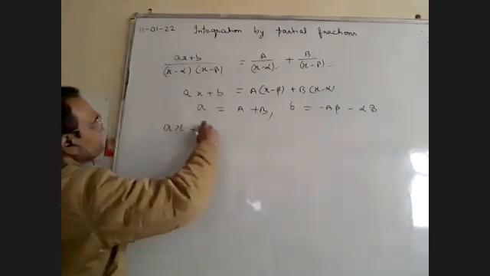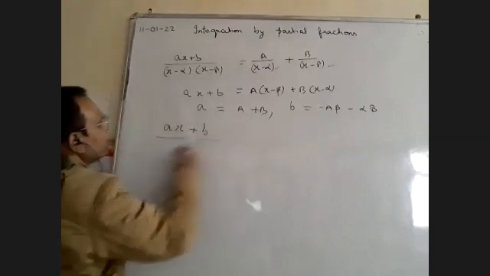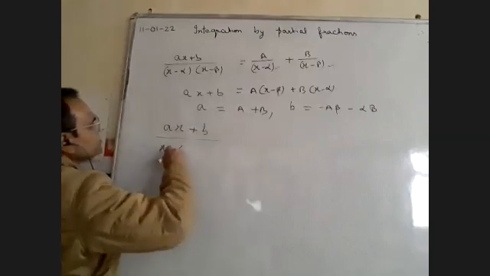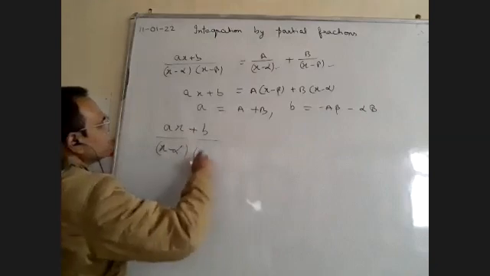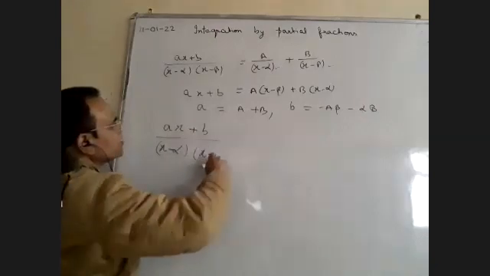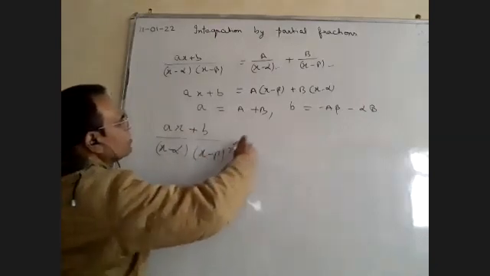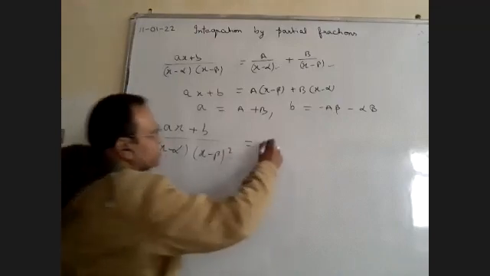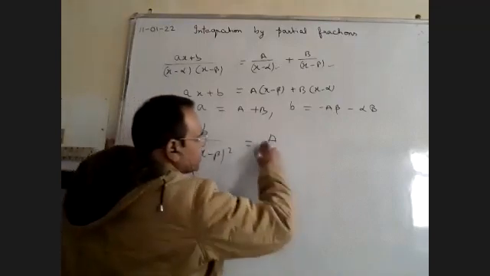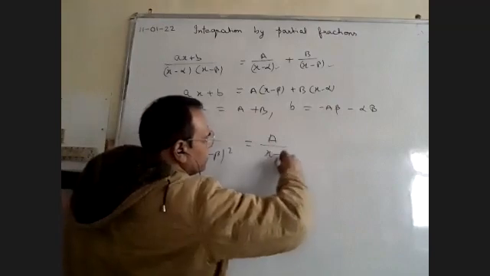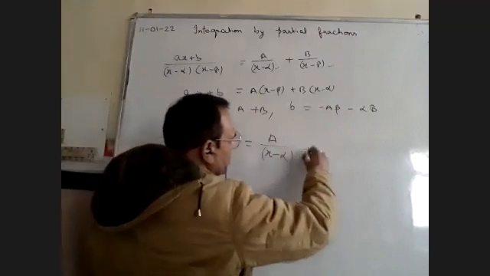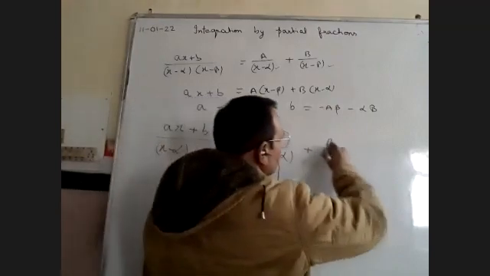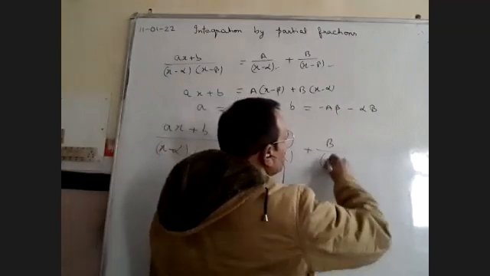If there is a repeated root, suppose the denominator is in the form of ax plus b over x minus alpha and x minus beta whole square, how do we assume? First of all, we assume A upon x minus alpha, and another we let B upon x minus beta.